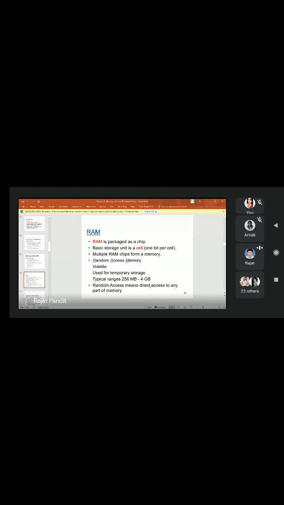Random means direct access to any part of your memory. You should not have to follow the serial way. If you want to process 10, you have to go through 1 to 10. This is serial. But if I can access position 10 directly, that is called direct access.